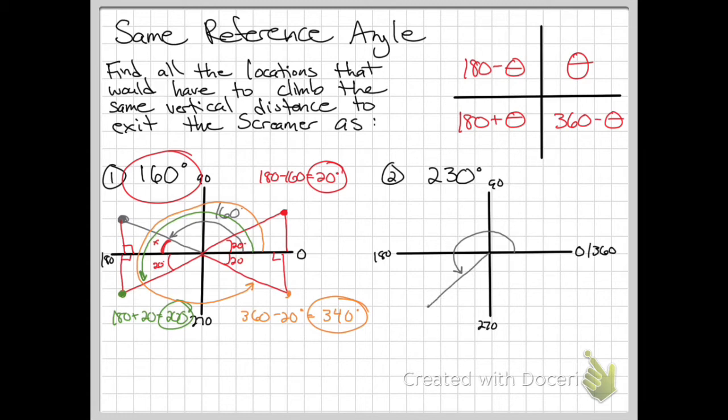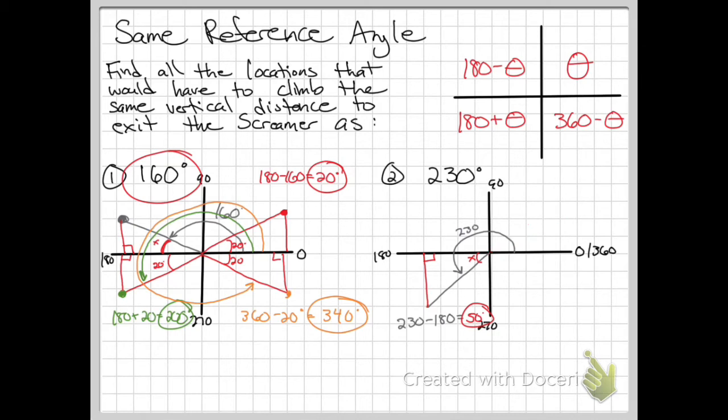Make a triangle with the x-axis. Remember, the gray is 230. So 230 minus 180 will give me this reference angle. What is that, 50 degrees? 50 degrees, which is in quadrant 1.